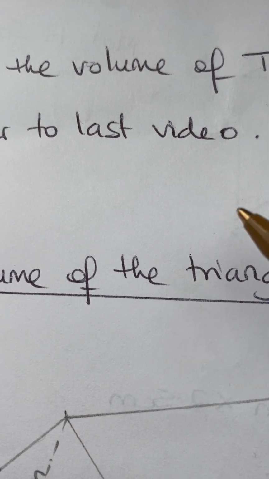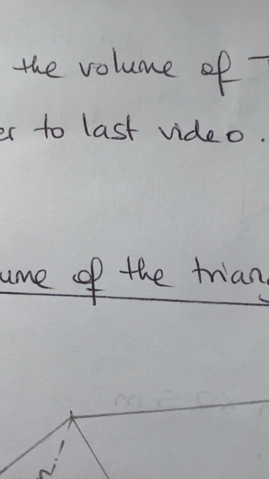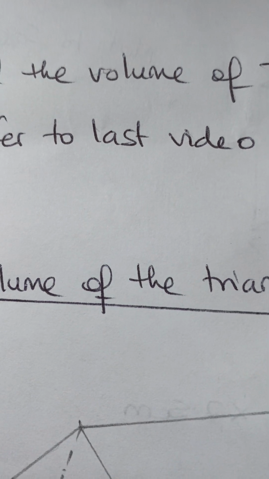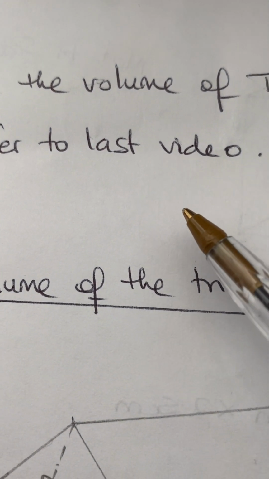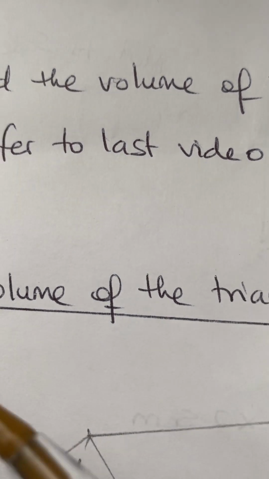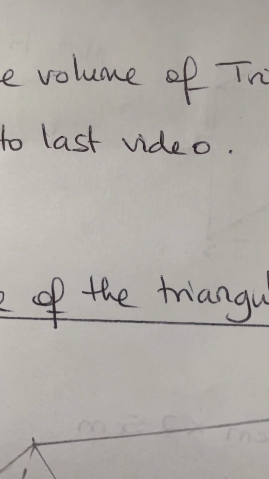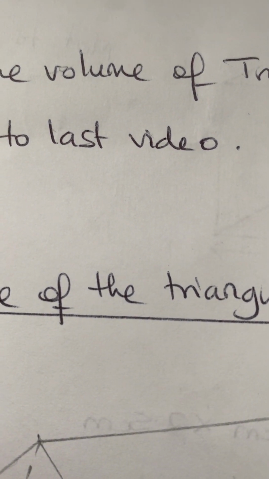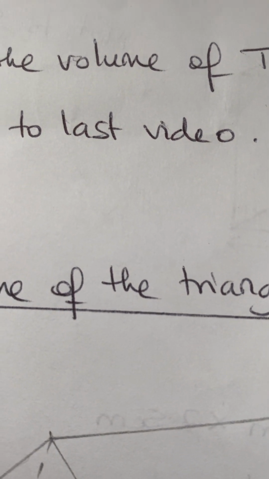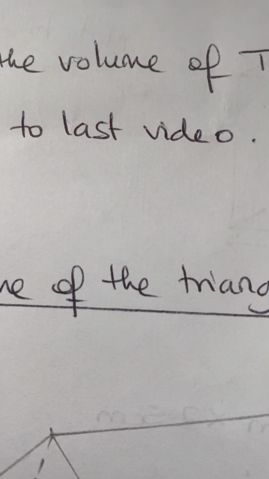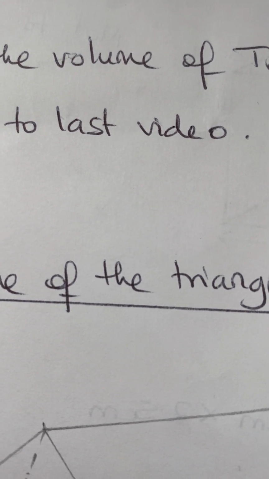If I say refer to the video, it will help you. If you watch the video and you have a question that you can't solve, then you go and solve it, because it will just be the same thing, just that they have changed the numbers. So you watch the video, you see how I solve it, then you go and solve your question.